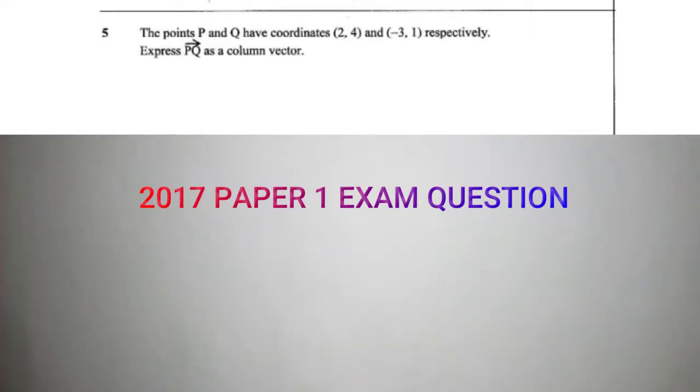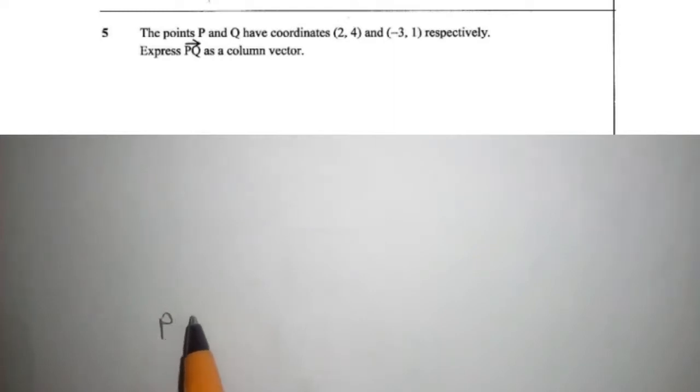So when you see the word respectively, it means the letter which starts is P. So this P will move with the coordinates 2, 4, and the letter which follows is Q, with the coordinates negative 3, 1.